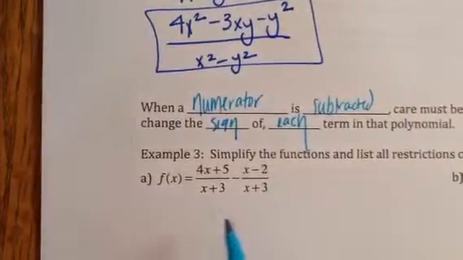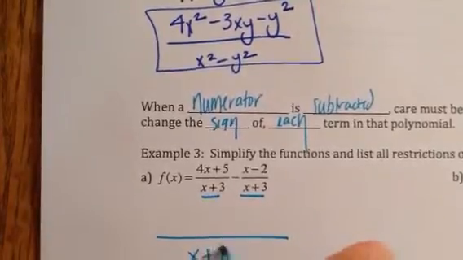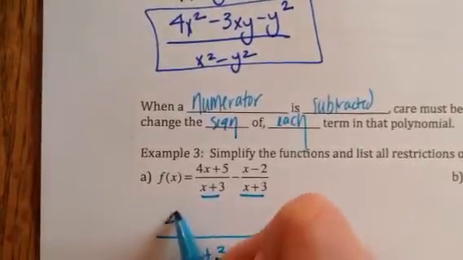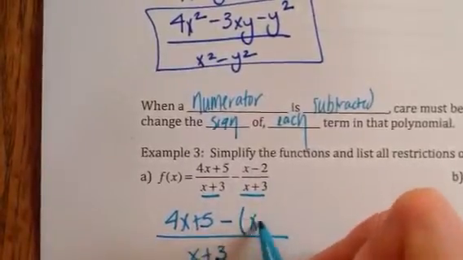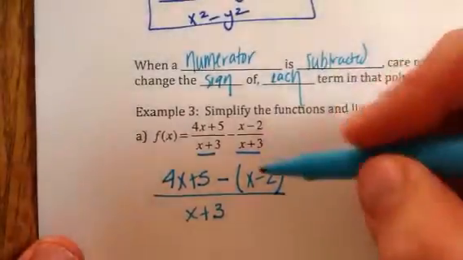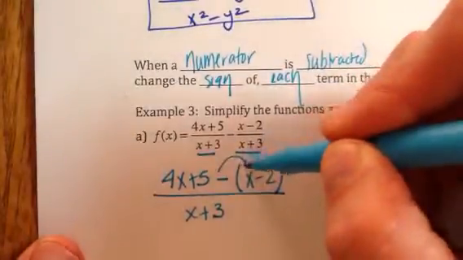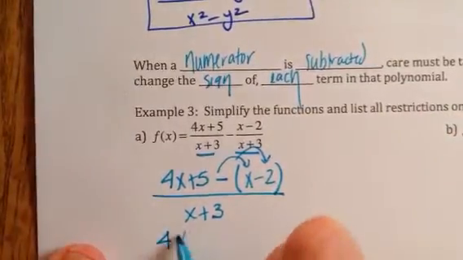So here I have the same denominator, so I'm going to write it once, x plus 3. In my numerator, I'm going to have 4x plus 5, and I'm going to minus the binomial of x minus 2. So this is what they mean by taking care of the sign. We have to distribute the negative to all of our terms after what's being subtracted.